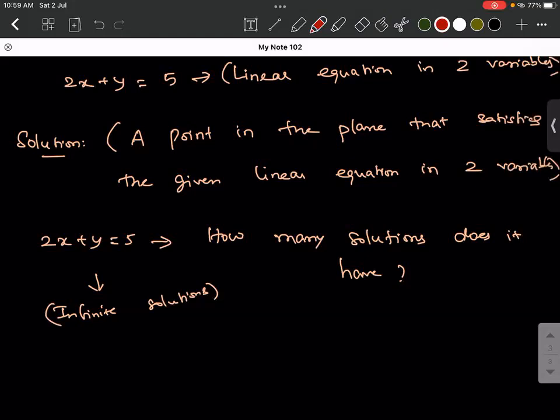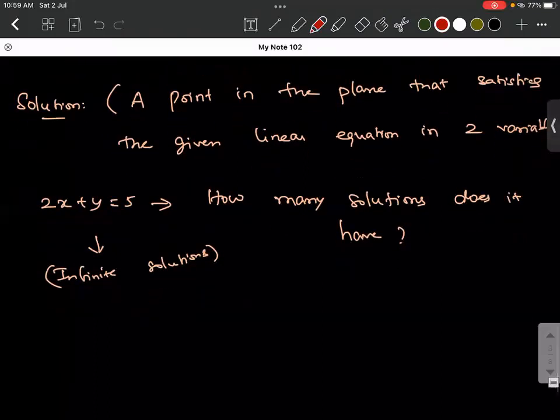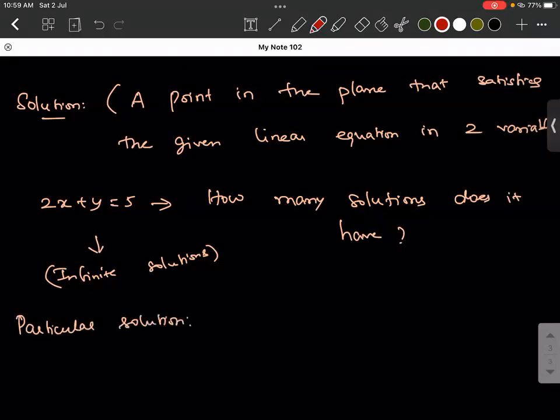So when that is the scenario, if I need to find a particular solution, in the sense that one solution which satisfies this equation, can I say that this is the only value that is possible? You cannot say unless you have two equations.